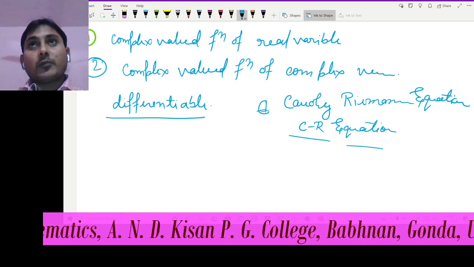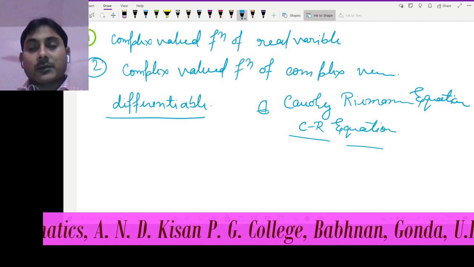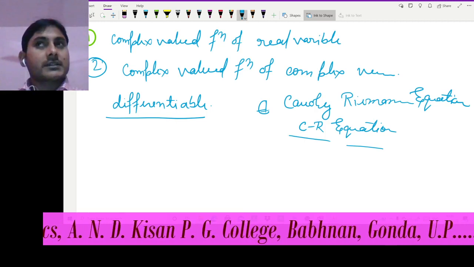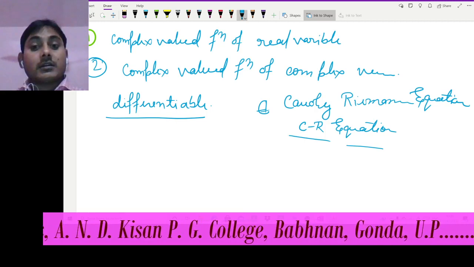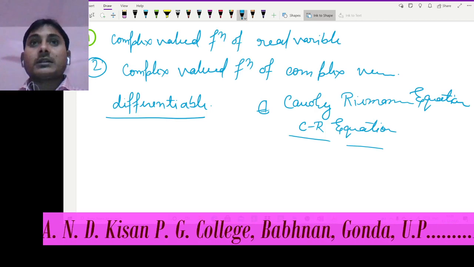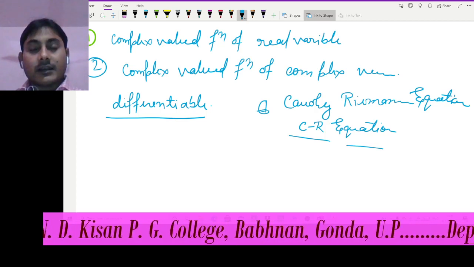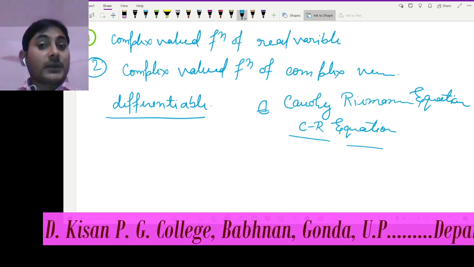And I would like to point out that there are several forms of the Cauchy-Riemann equation. First one is the Cartesian form, the second one is the polar form, and the next one is the complex form.